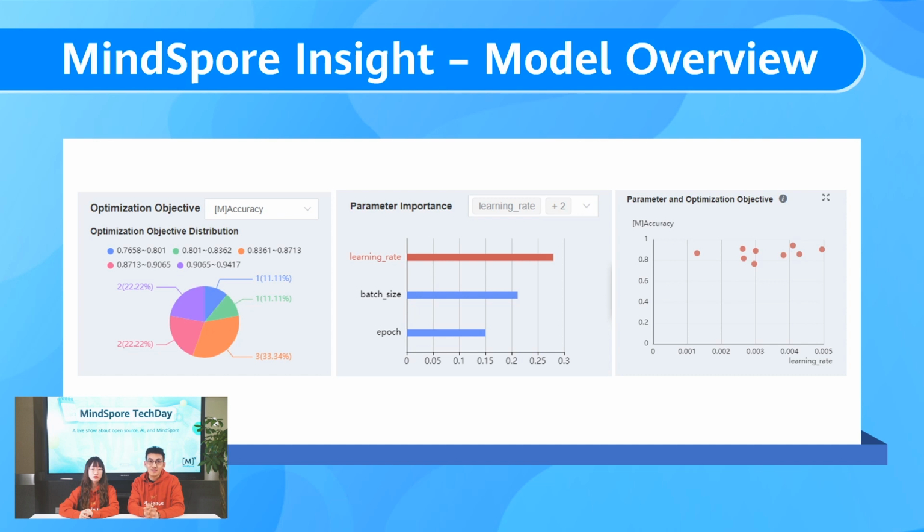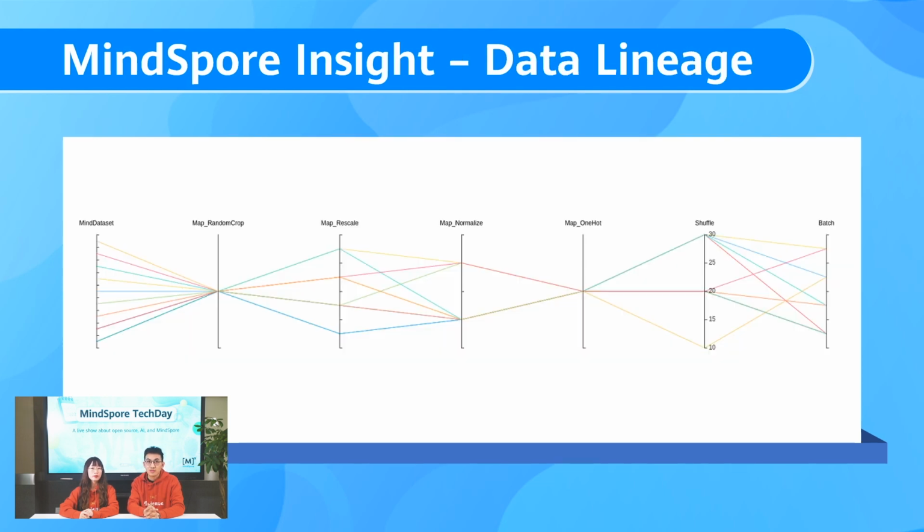Certainly, data lineage shows data processing and augmentation information for all training runs. You can select a dataset to view its related parameters, similar to how model lineage works. Just like before, you can select a specific area in the columns to display the parameter details.